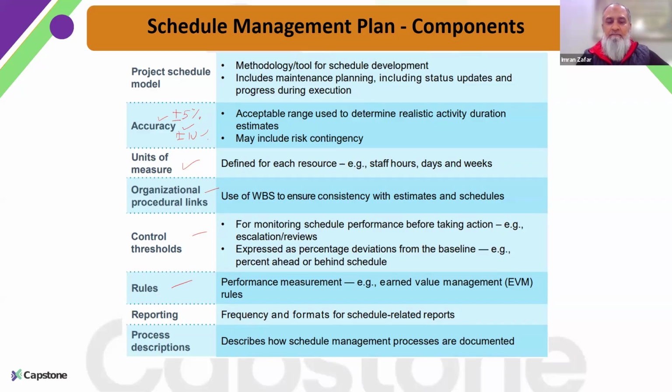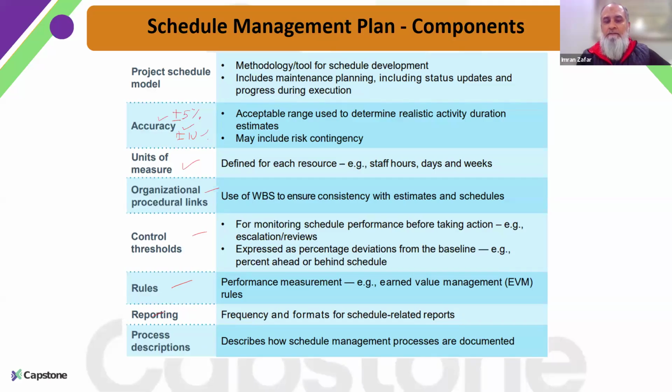And some information related to reporting, how the schedule related reports will be shared with the stakeholders, and some other data related to scope escalations. These can be some of the components that can be part of our schedule management plan.